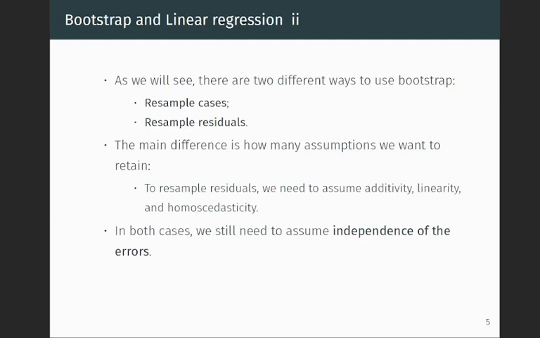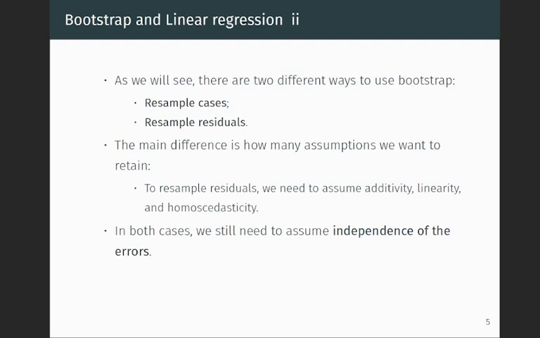Okay, and there are two different ways, as I've mentioned a couple of times already. We'll refer to those two ways of using Bootstrap as resampling cases and resampling residuals. Resampling cases is probably what you would have guessed if I told you to use Bootstrap and linear regression. Resampling residuals is a bit different, and the main difference is how many assumptions we want to retain.